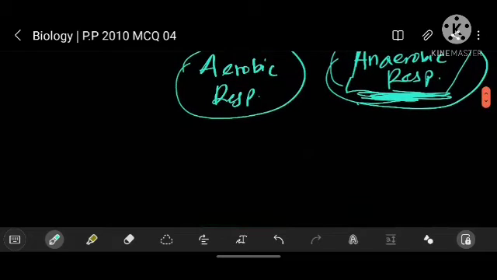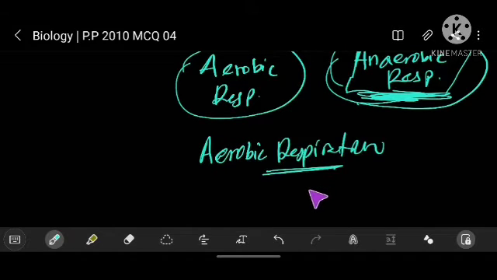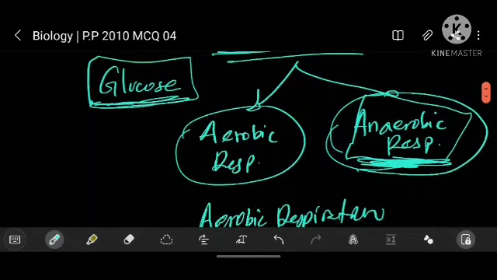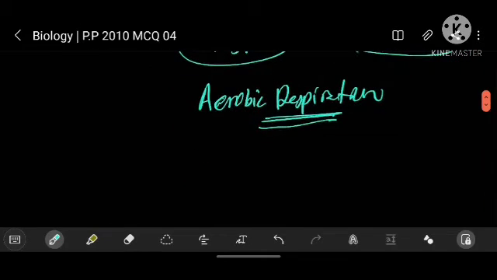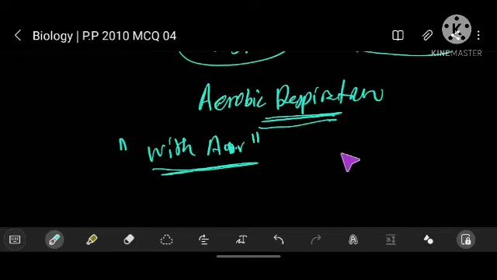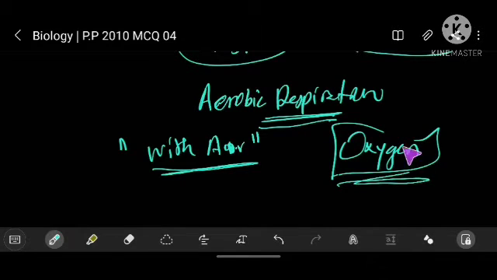In order to make you understand, I will give you information and introductions on cellular respiration and aerobic respiration. As I stated already, cellular respiration can be of two types: aerobic and anaerobic. Aerobic means with air. Therefore aerobic respiration is the process of cellular respiration that uses oxygen to produce energy from food or any organic substance.